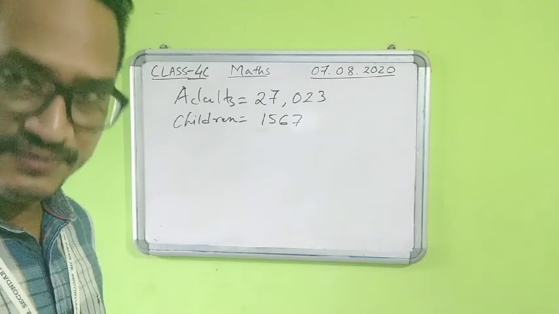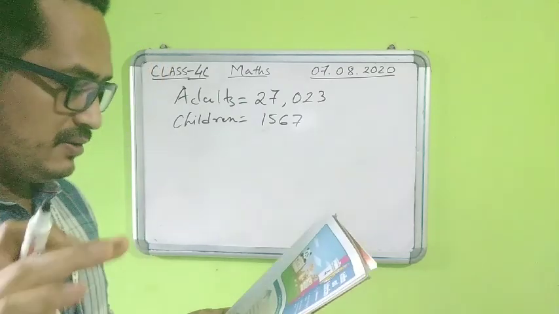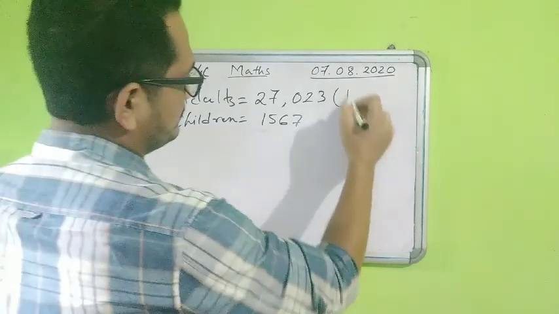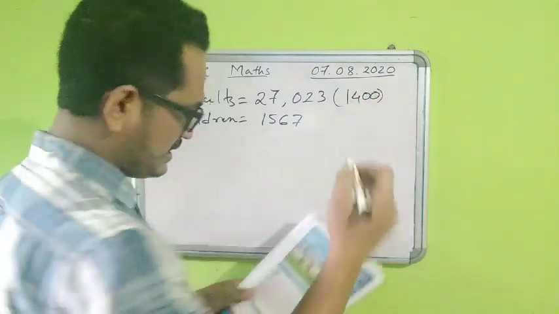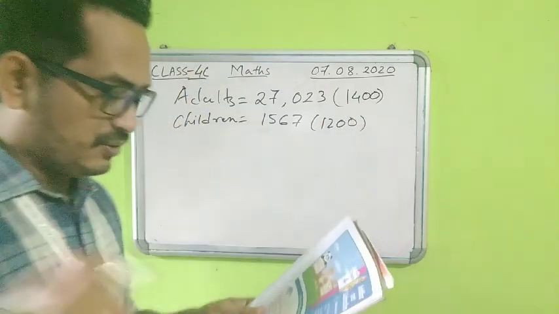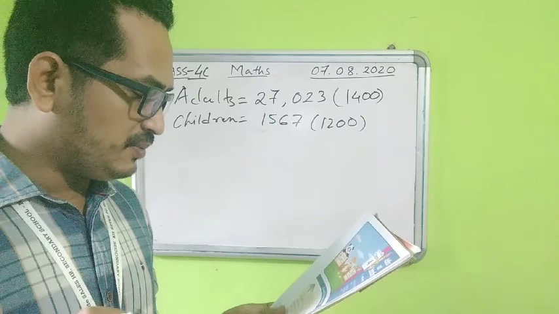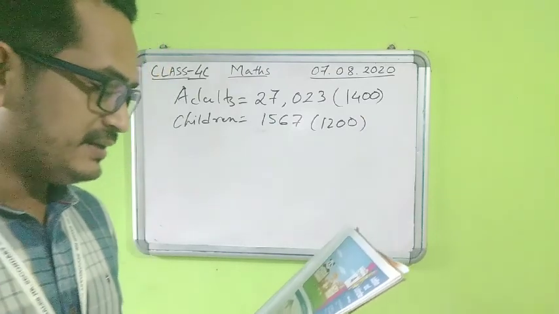They have given a specific date, 23rd March 2015. On this date, 1,400 adults and 1,200 children went out of the town. What was the total population of the town on 23rd March?